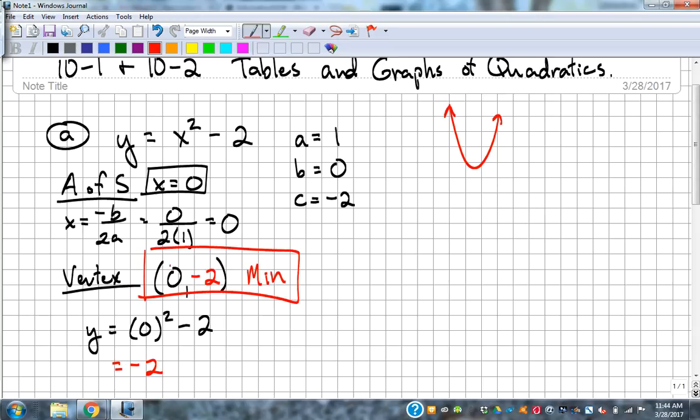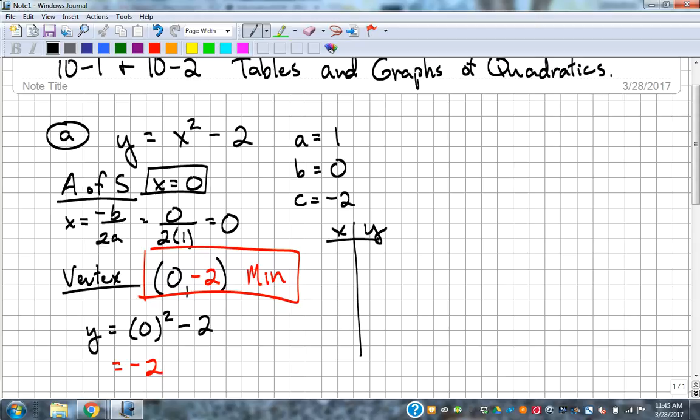All right, now here's how we're going to build the rest of that graph and be able to get an accurate picture of what x squared minus 2 looks like. And this is the addition of stuff for today. That's where we're going to make a table of values. And the way we're going to make the table is strategic so that we get a good picture. Remember I told you yesterday about the axis of symmetry?